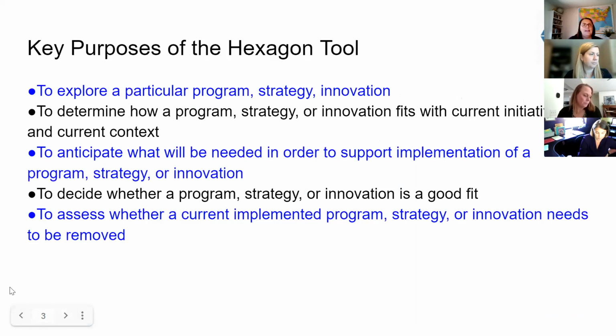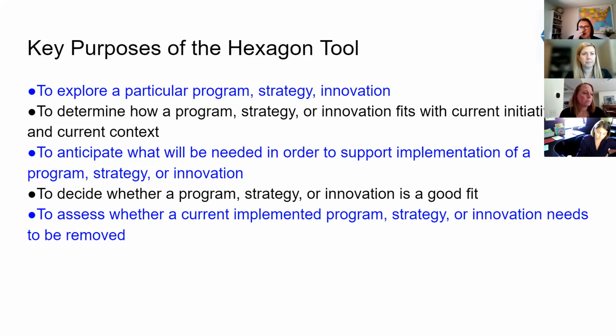So the Hexagon tool can be used to look at a new strategy that you're thinking about implementing, and want to see if it will work, if it's even feasible to use that within your district. You can also look at strategies that you're already implementing.